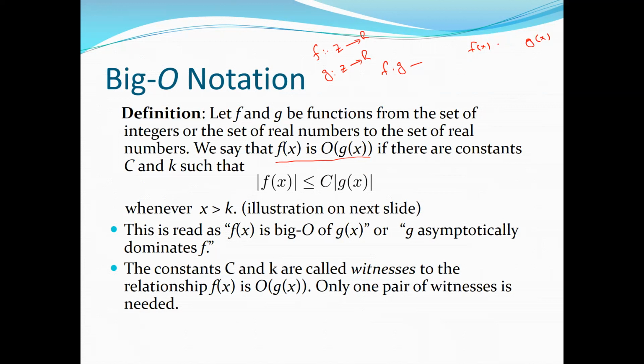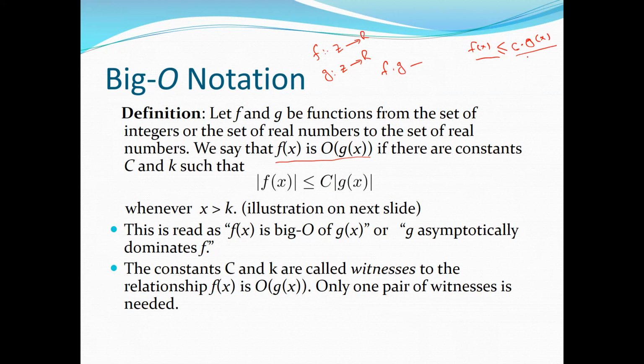If we can form the inequality, less than or equal to, such that multiplying g of x by some constant c satisfies it, then we call f of x big O of g of x. In other words, we say g asymptotically dominates f.